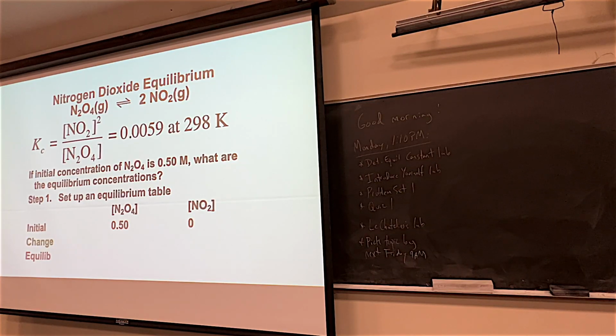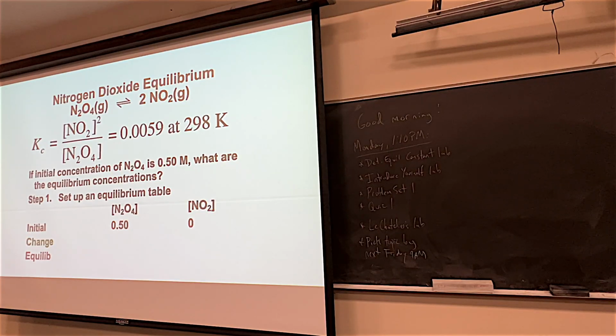Now, it's important to remember that at equilibrium, you won't have just one or the other, like products or reactants. You're going to have both. So in this reaction, the N2O4 has to give up some of itself to make NO2. It won't go to 0, and that's the difference between Chem 221, 222, and 223.